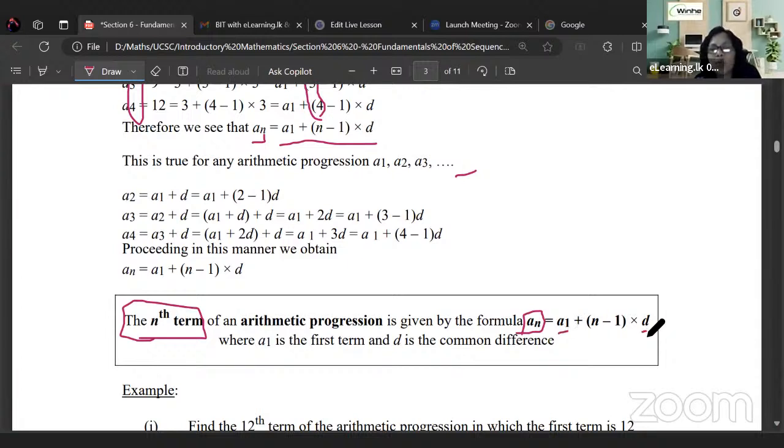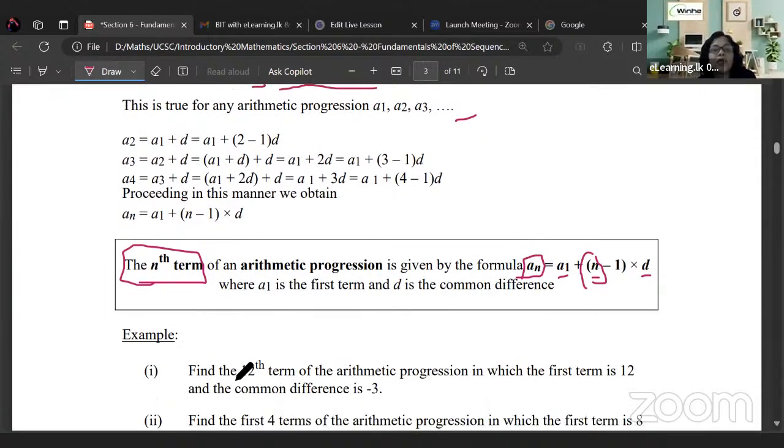D is the common difference. N is the term number. We normally say the general term. So the general term of any arithmetic progression, you can write as an equals A1 plus n minus 1 into D.